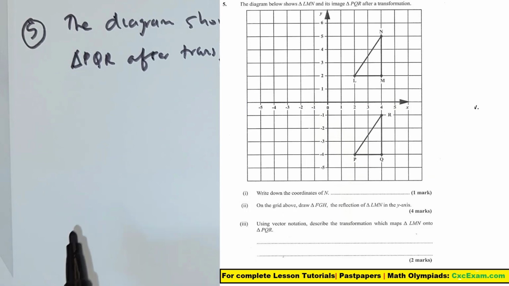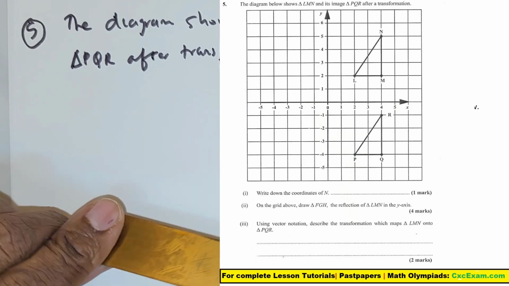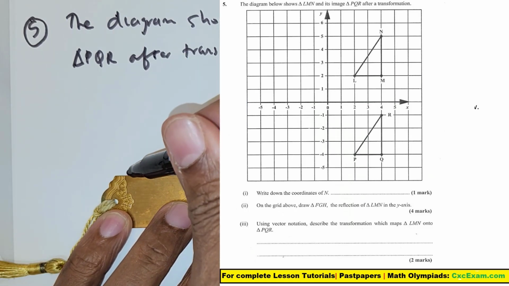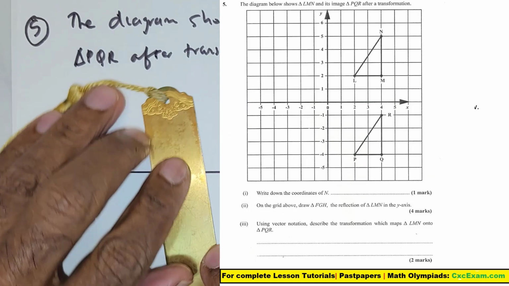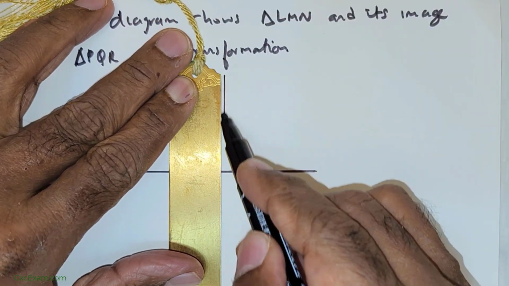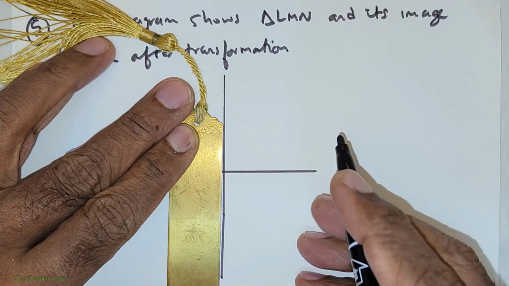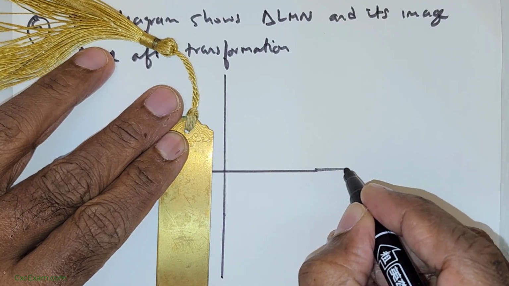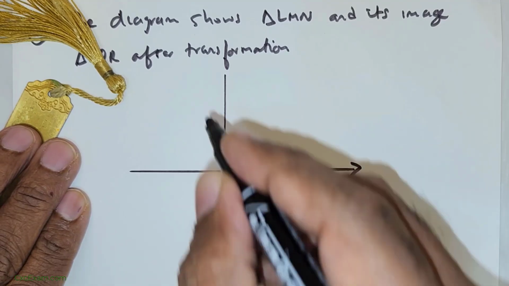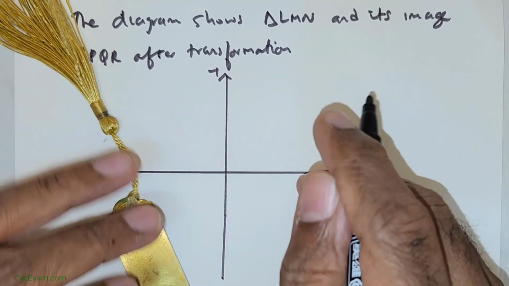Now this is question number 5. So let me draw the image. So you have the x-axis and y-axis.